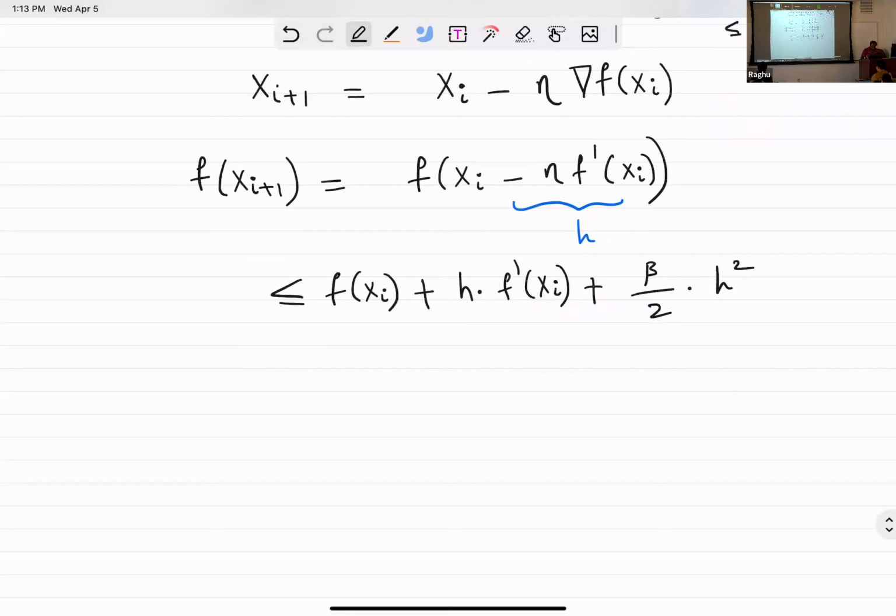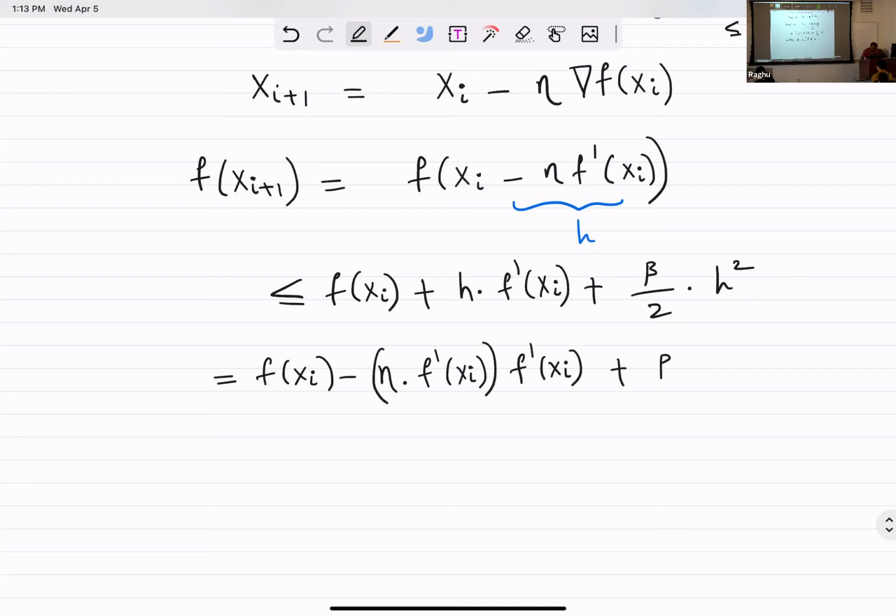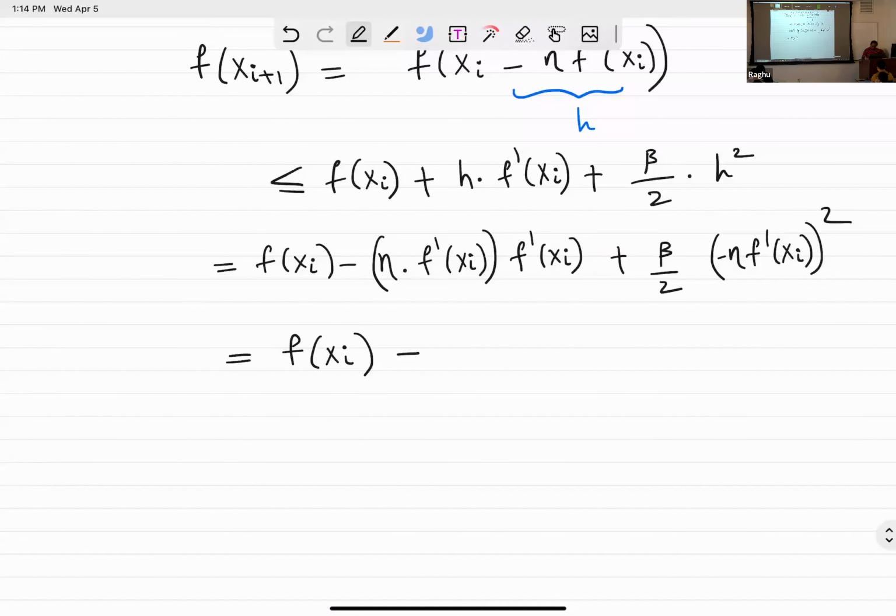Now you just plug these values in. h is negative eta times the gradient. You simplify it, and you get something very nice: you can see that you have the square of the gradient in both places. The coefficient is changing. You have minus eta plus.